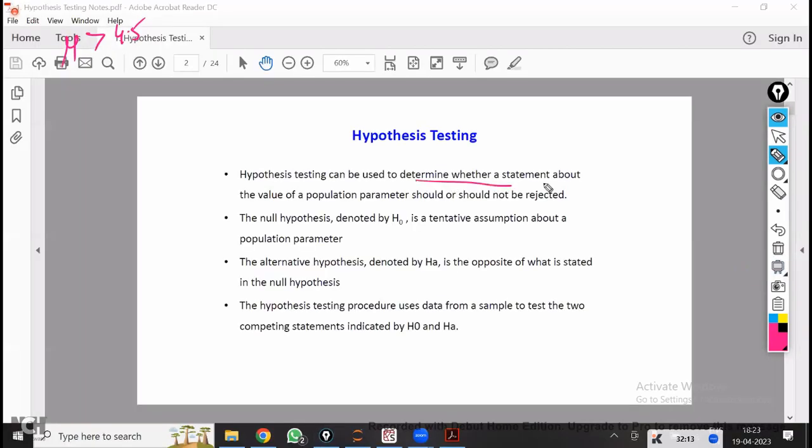Determine whether a statement about a value of a population parameter should or should not be rejected. It means whether this one should be accepted or not.